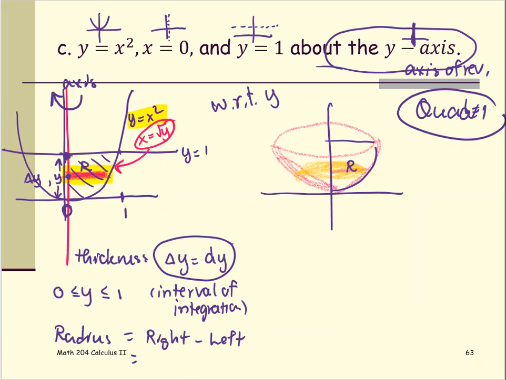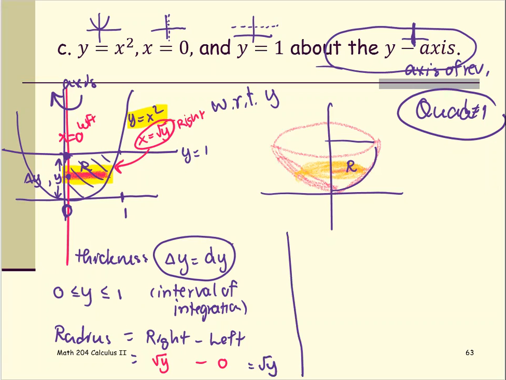The left function is the equation x equals 0, so minus 0. So this is the right function, and this is the left function, and the radius comes out as square root y.